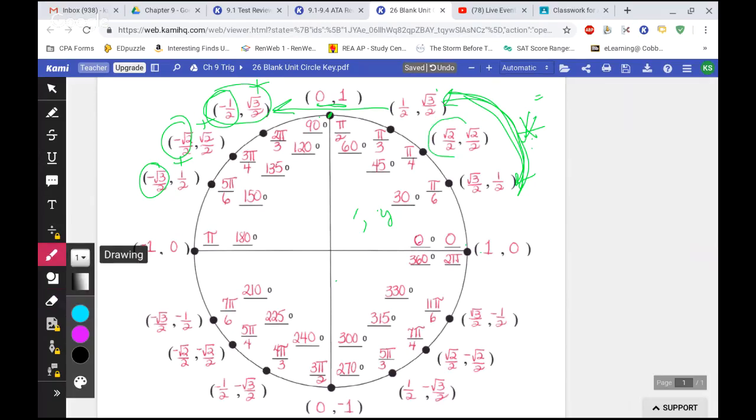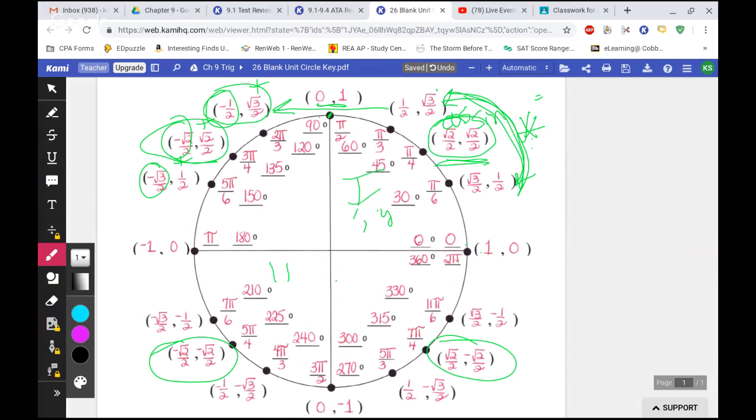Right here, they're both the same exact. So this is cosine and this is sine. Remember, the x coordinate is cosine, the y coordinate is sine. They're both positive and they're both the same. Right here, they're both negative and they're both the same. But here, one is positive, one is negative. And here, one is positive and one is negative. So the only two places they could equal are here and here.